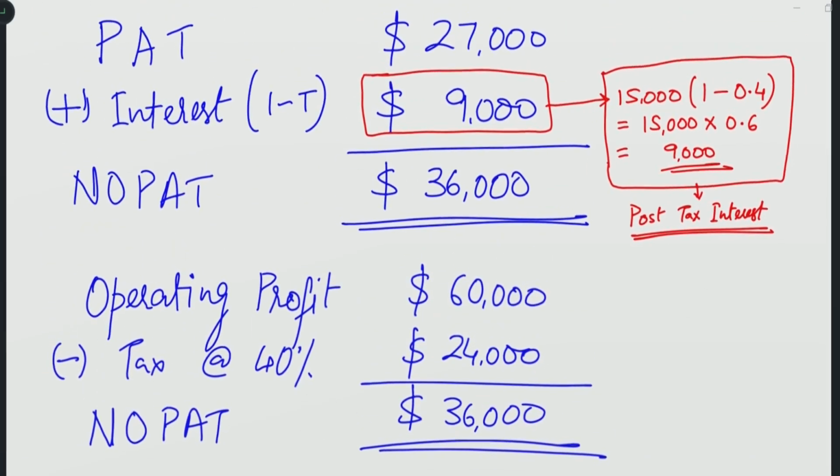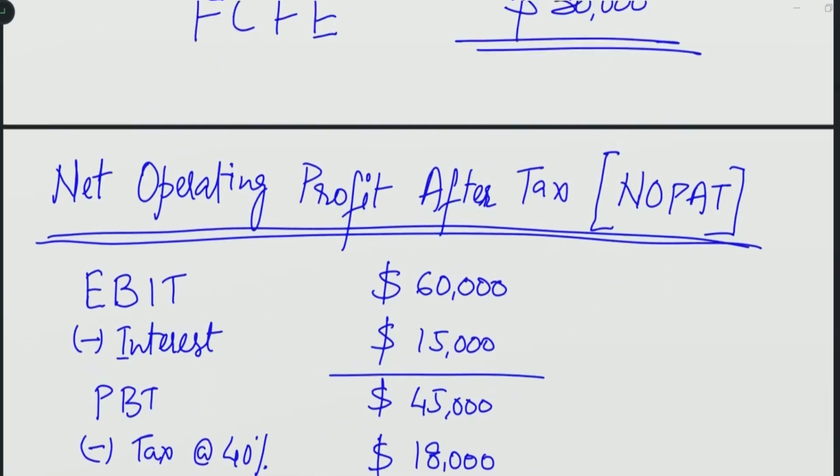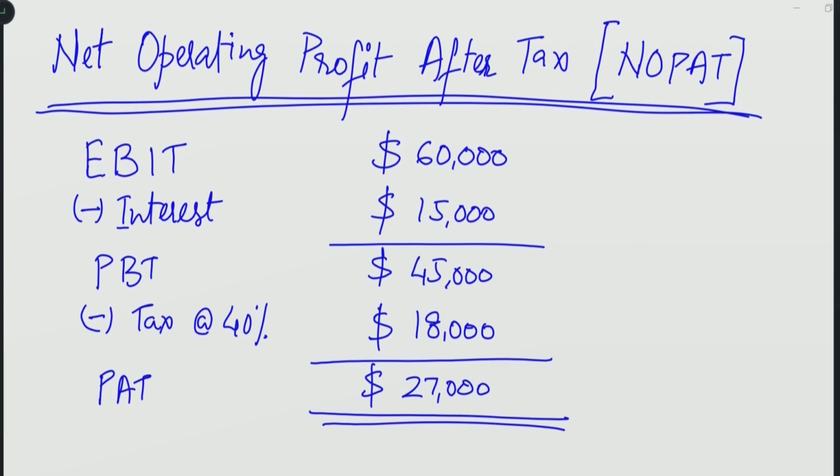Look at this, guys, look at what we have done. Operating profit, just for you to recollect from where we started this example, how much was your operating profit? Your operating profit was $60,000.